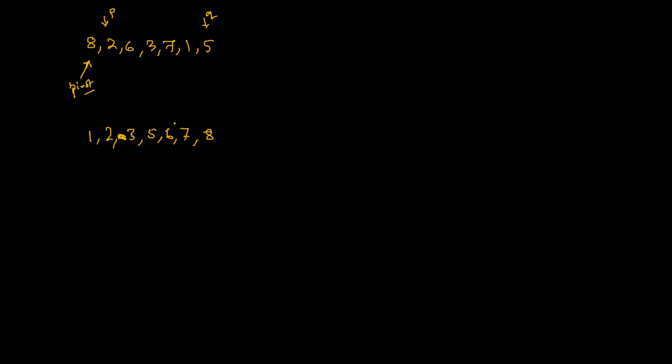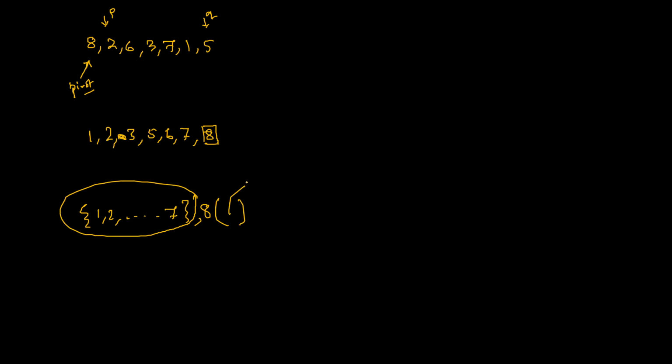And what is the position of 8 in the original sorted array? It is the last one. That means somehow after the first iteration the 8 will come here, and on this side 1 2 7 and the others will be present in some order, and I will have nothing over here. This is blank, and this side contains n minus 1 data.